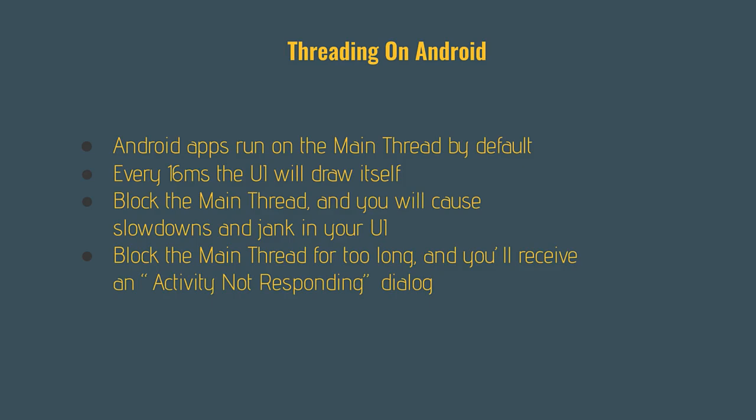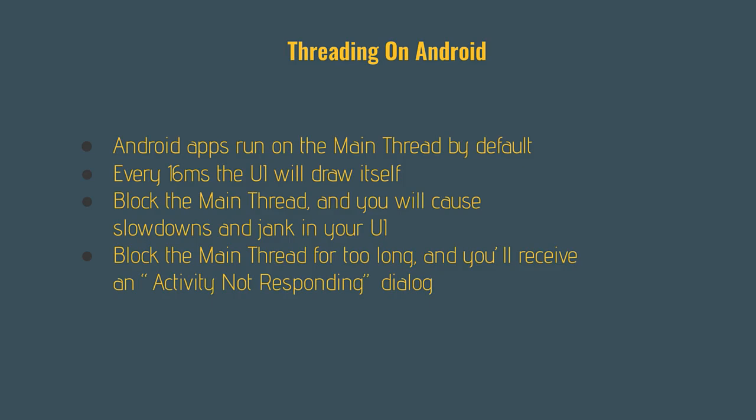if it can. This means that we have to do all of our work, all of the responding to any type of event, click, interface, loading data. We need to make sure that every 16 milliseconds our work is done so the main thread is free to draw the UI. If we block the main thread, we will cause slowdowns in our app and jank in our UI. You might see stutters.